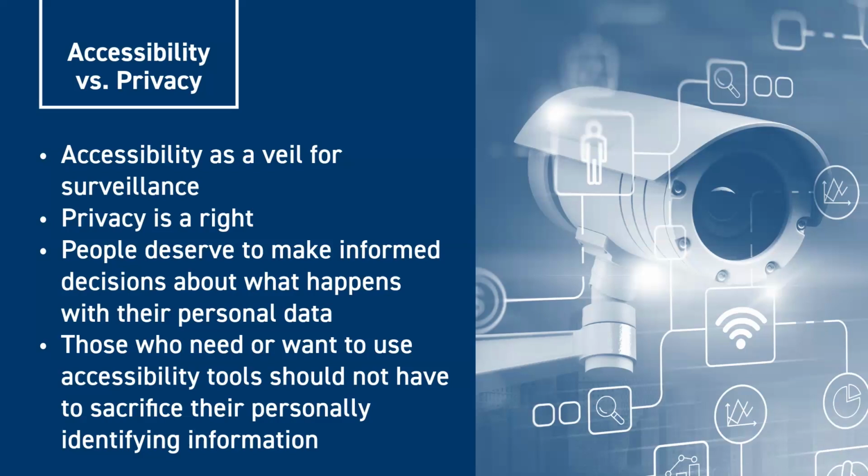But there are certain technologies that don't have that option. The facial recognition to make the wheelchair go in a specific direction, it has to look at your face. So anyone who needs to use that technology deserves the right to know where their information is going and to meaningfully consent to either sacrificing that information or to say, no, I won't give you my data. And that shouldn't mean I can't use the technology.